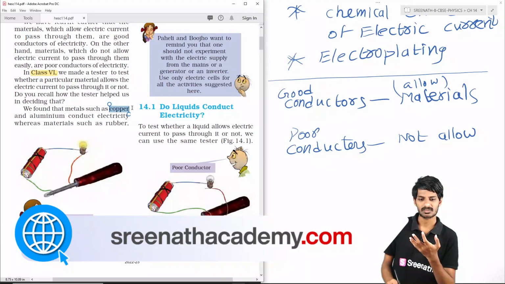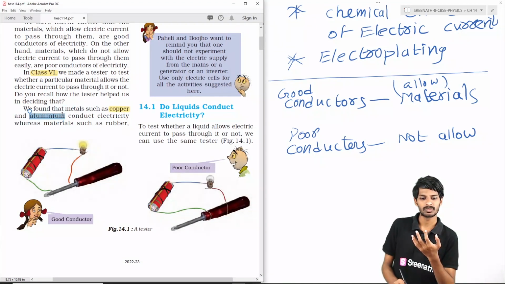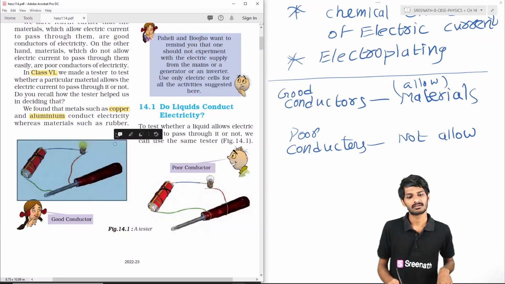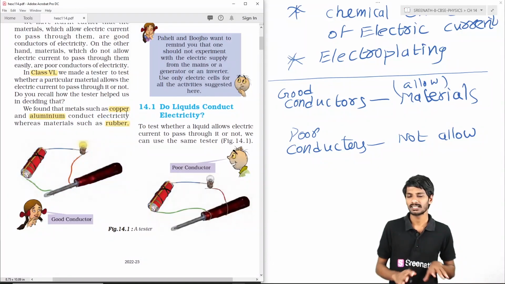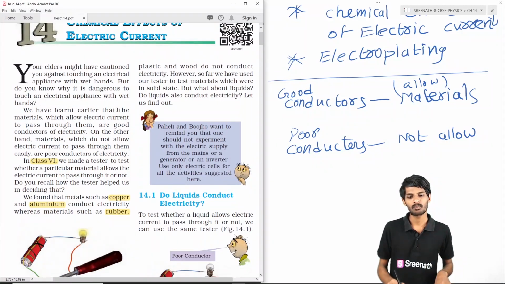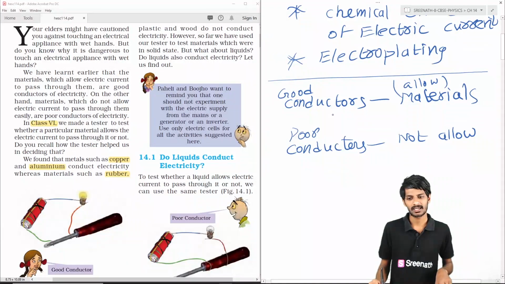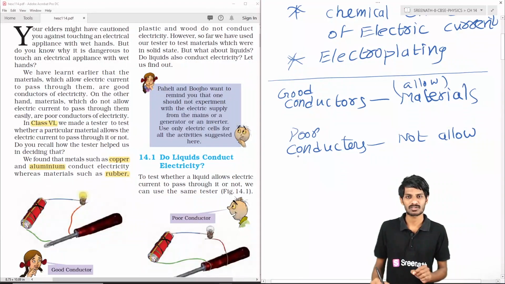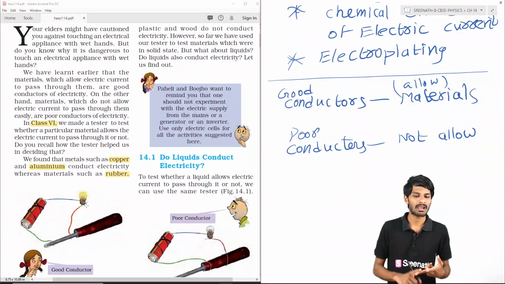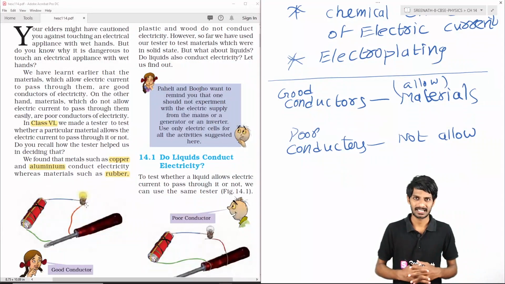Rubber will not conduct electricity, so it is a poor conductor. Rubber, plastic and wood do not conduct electricity, students. Copper and aluminum are examples of good conductors, and rubber, plastic and wood are examples of poor conductors.